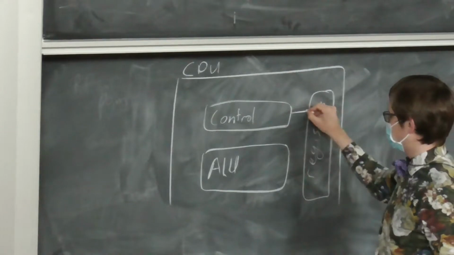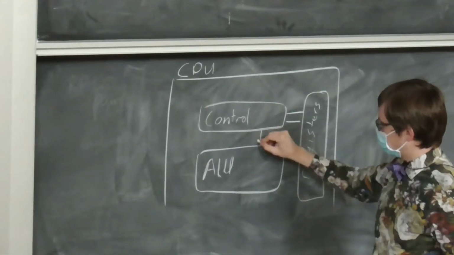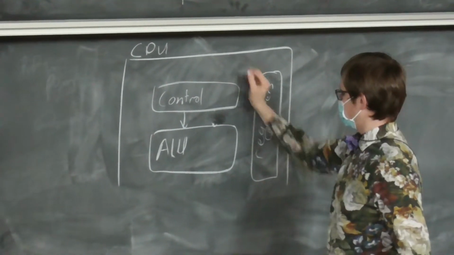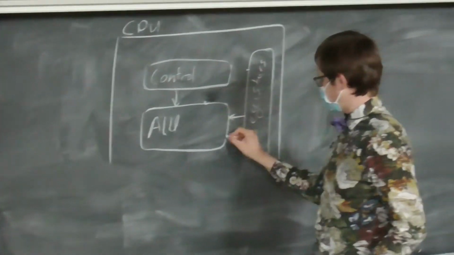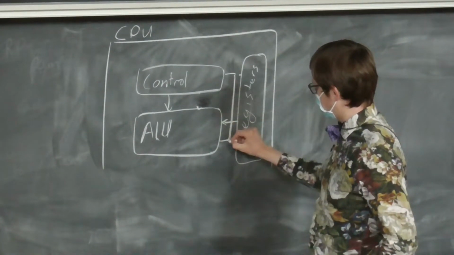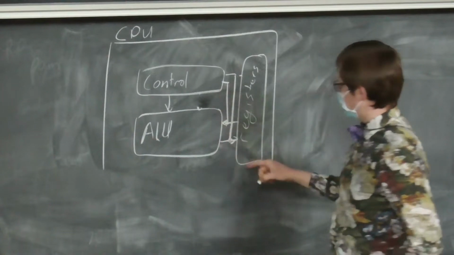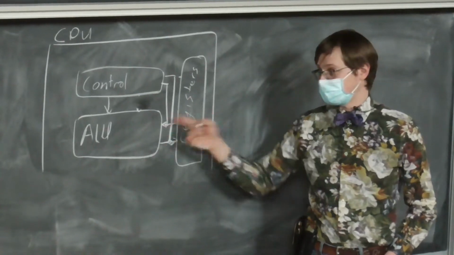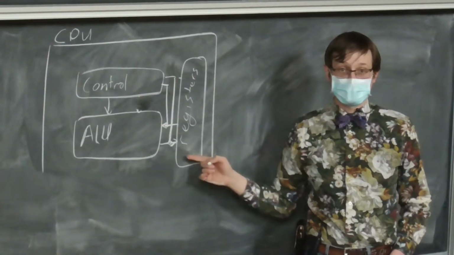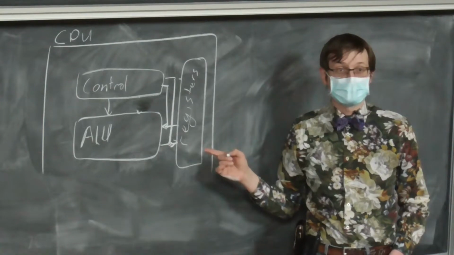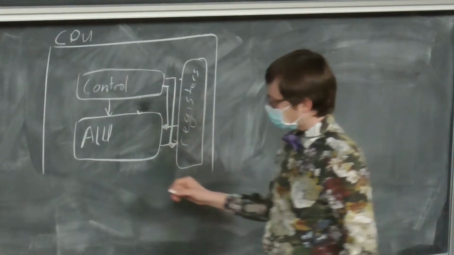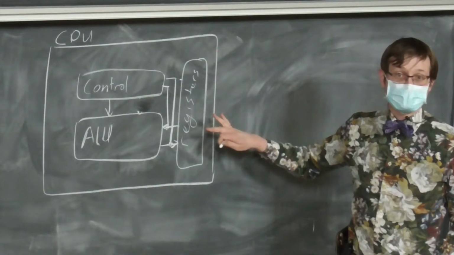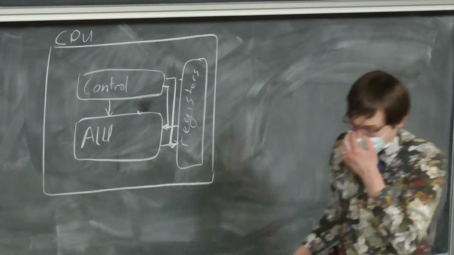The control unit basically controls which operations take place in the ALU, and it controls the loading and unloading of registers from the ALU, the interaction of register data with the ALU, both loading and storing, right? So there's a reason that you keep the registers off to the side, right? You don't mix it into the ALU.